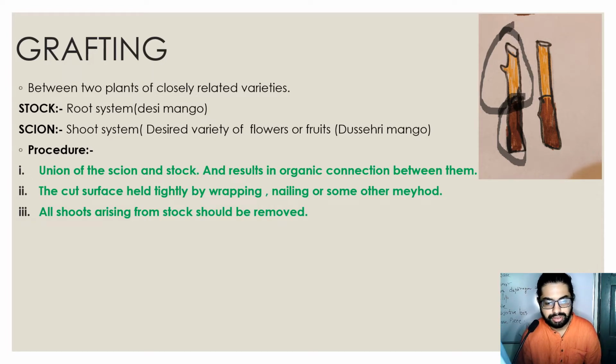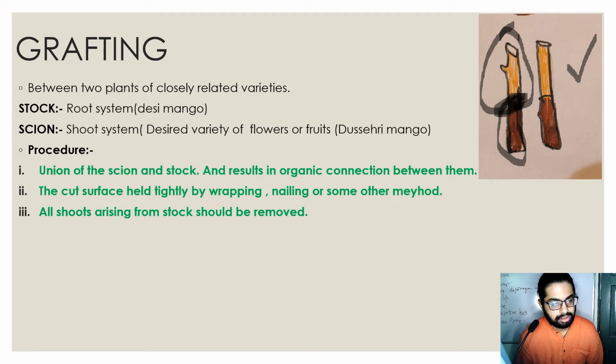Once they are joined by some wrappings or nailing and applied with some hormones, this fused form of stalk and scion will germinate into a desired variety of plant species.